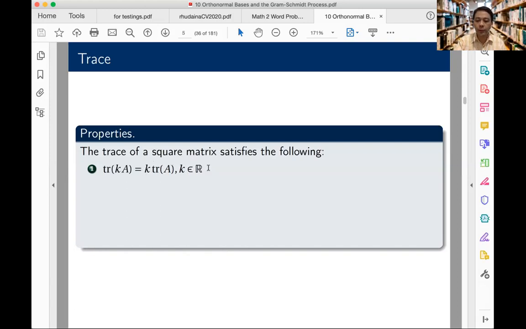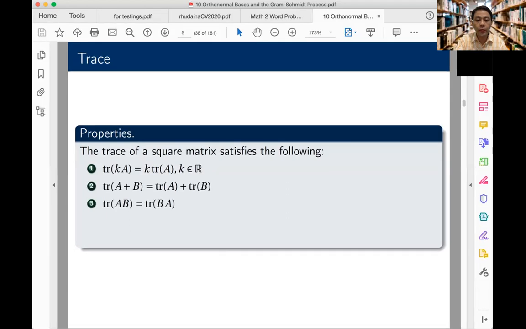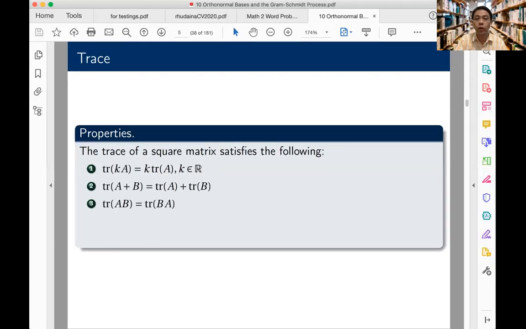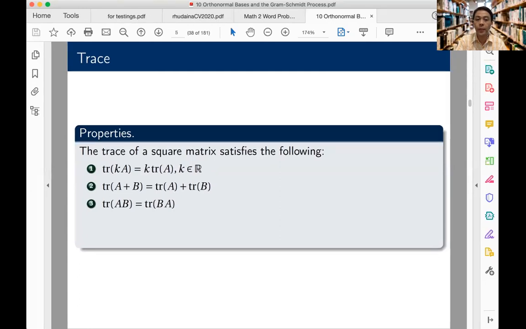Now the second property of a trace is that the trace of a sum is equal to the sum of the traces. And the third property is that the trace of A times B equals the trace of B times A. Now take note that matrix multiplication is not commutative. So A times B is not automatically B times A. However, the traces will be equal.